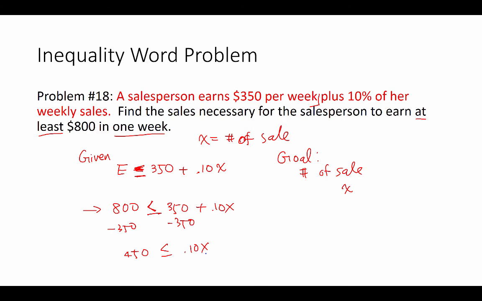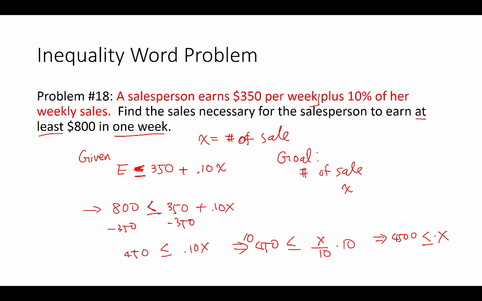Actually, let me show you a full step. Multiply both sides by 10. 10 times 450, you're going to get 4,500, and that's less than or equal to x.